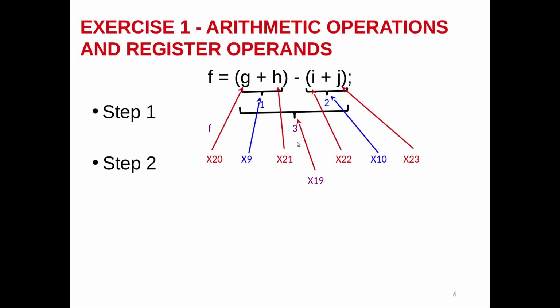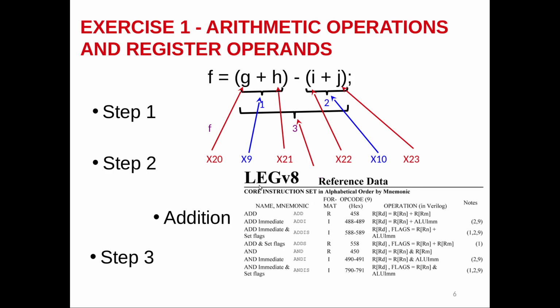After we make this decision, we will go to step 3. We will need some addition for G plus H and I plus J here. After that, we will need subtraction. So I will look into the addition first. We will come back to the LACVS reference data.